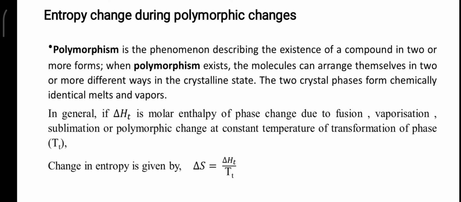Take the value of enthalpy change during this process and the temperature at which the process takes place. The ratio between enthalpy change and temperature, you can call the entropy change for the transition process or polymorphic changes or polymorphic process.